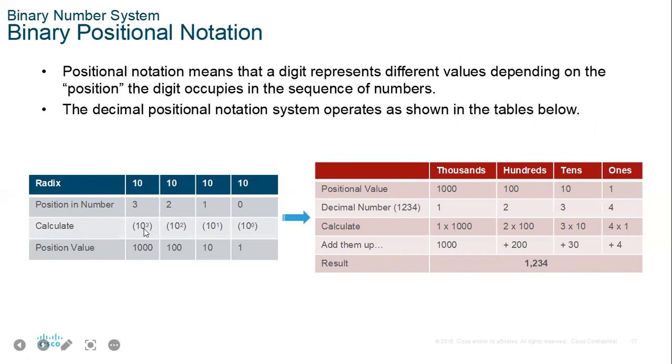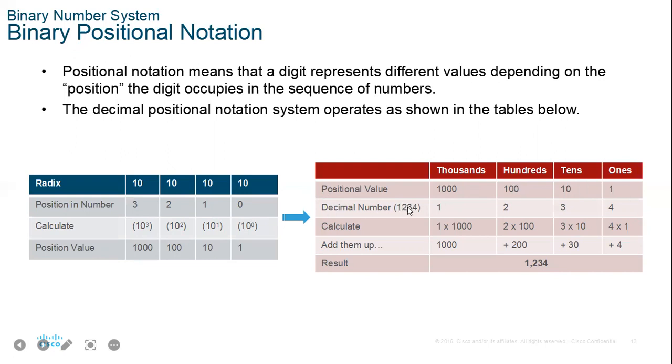Since it's base 10, I have 10 to the 3, 10 to the 2, 10 to the 1, 10 to the 0. 10 to the 0 gives me 1, 10 to the 1 gives me 10, 10 times 10 in 2 places gives me 100, and 10 times 10 times 10 in 3 places gives me 1,000. So the position values are 1,000, 100, 10, and 1.